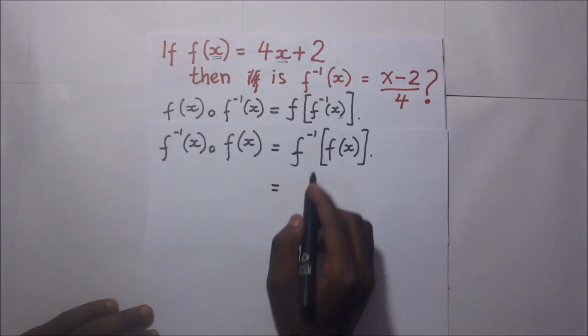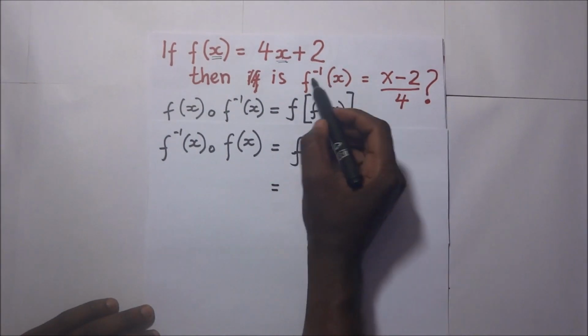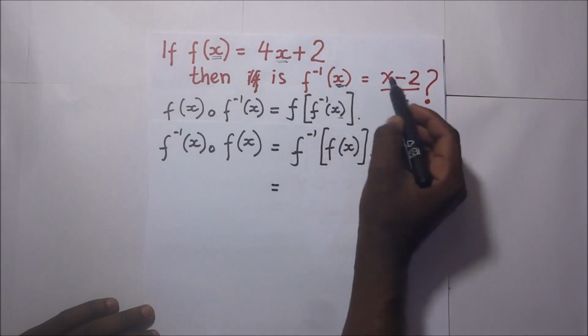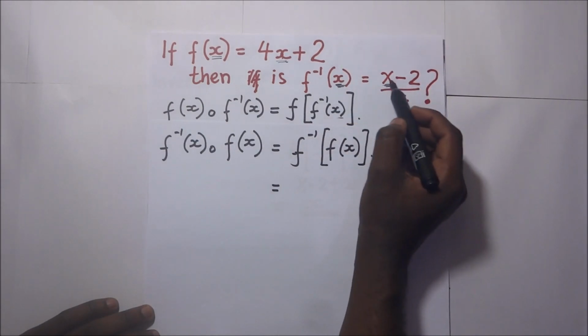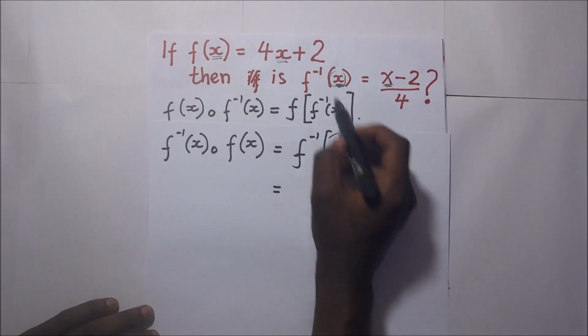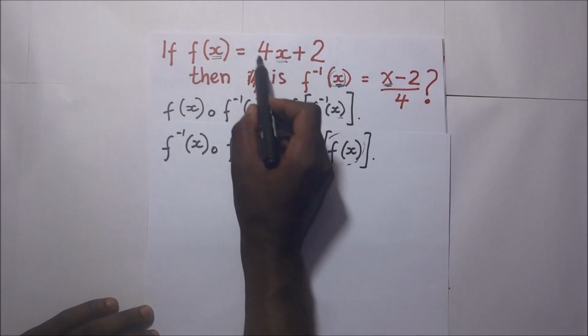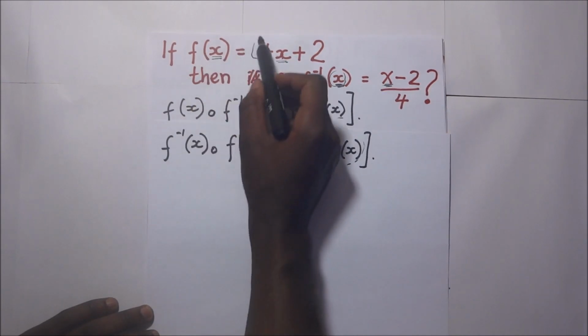This is going to be given by, of course, the inverse function in this case, x minus 2 over 4. So in the place of x we are putting there the function f of x.